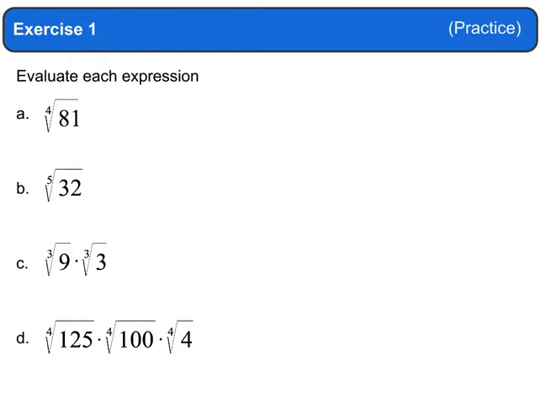Right, so they want this in exercise 1 to evaluate these pieces. So they want to know what is the fourth root of 81, and that would be 3. Same reason. 3 times 3 times 3 times 3 is equal to 81, which is also known as 3 to the fourth power.